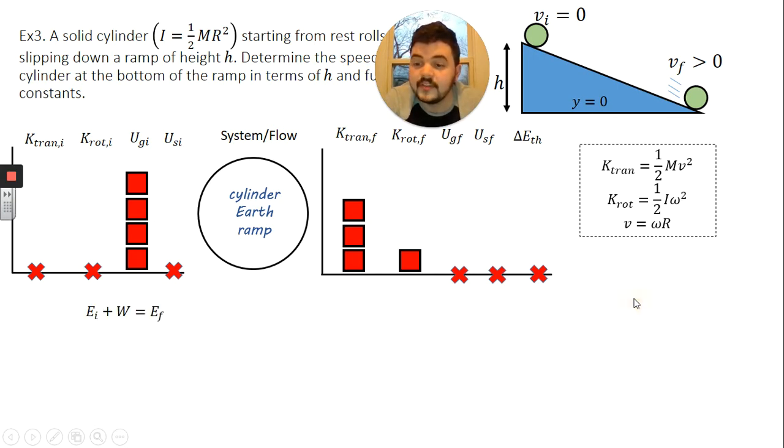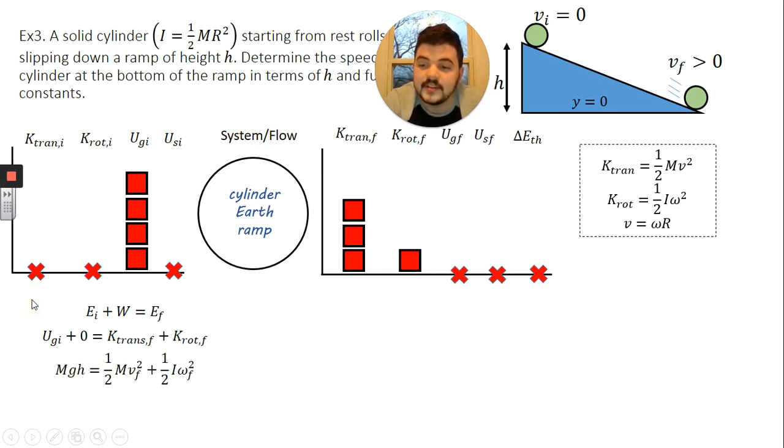So starting points, similarly, initial energy plus the work that's done to transfer energy equals your final total energy. In this case, the initial energy is still just gravitational potential energy. The work that's done is 0. And in the final scenario, we now have the total kinetic energy being the sum of the translational and rotational kinetic energy.